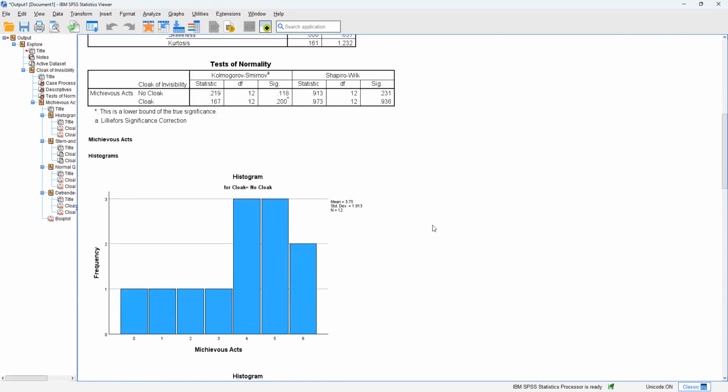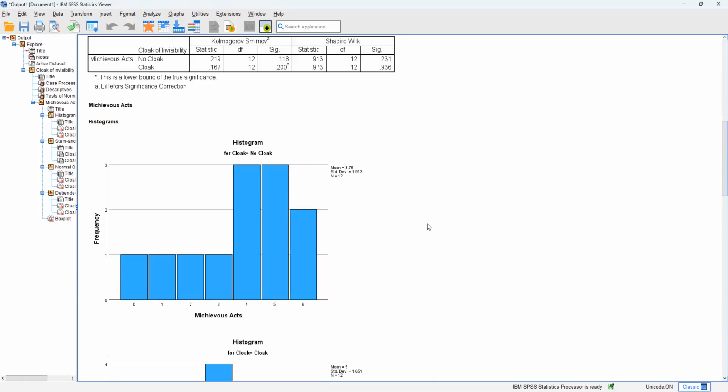We go to the histograms, and we get a funny looking distribution for the no cloak condition. It looks negatively skewed. We have a bunching of cases at the top end of the scale, and just one observation from 0 to 3.